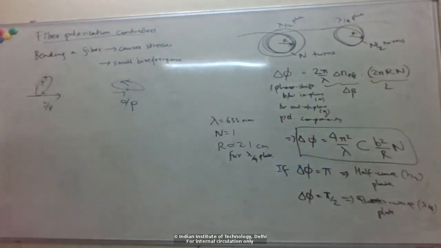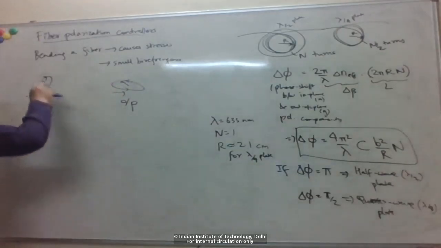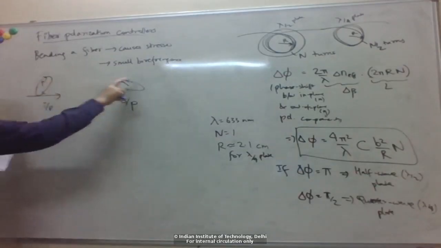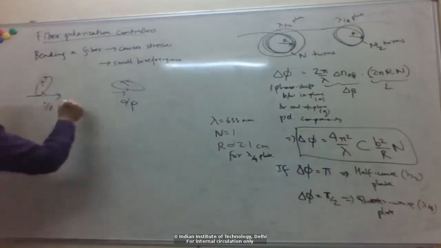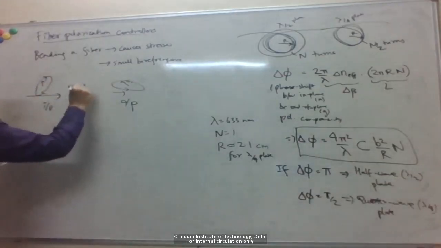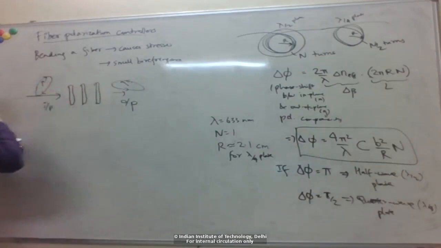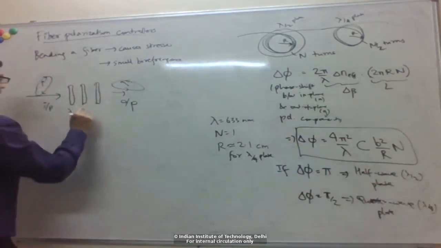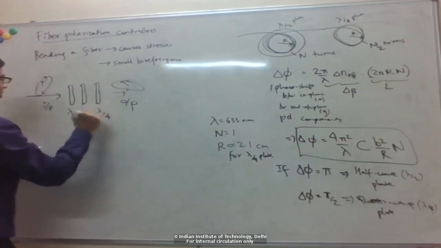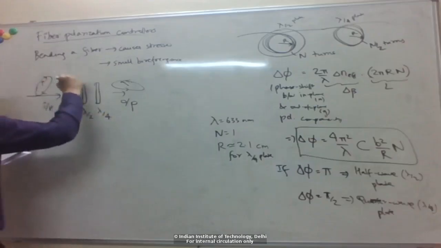So you want to convert any arbitrary input polarization into any arbitrary output polarization. You can actually do that with a combination of 3 wave plates. First a quarter wave plate, then a half wave plate, and then another quarter wave plate, and then you can adjust the slow and fast axis.